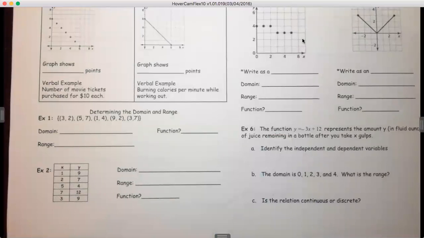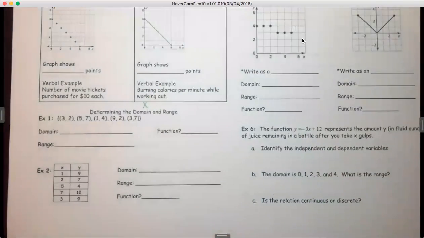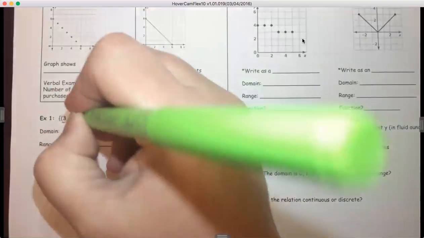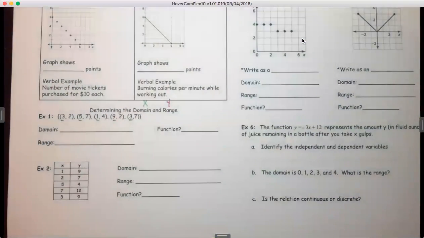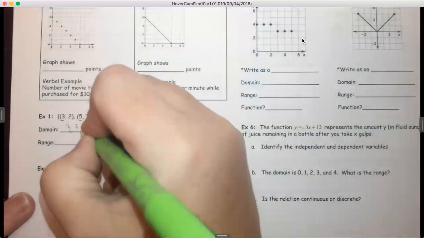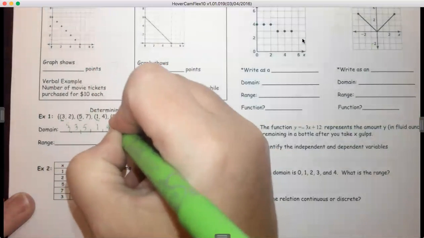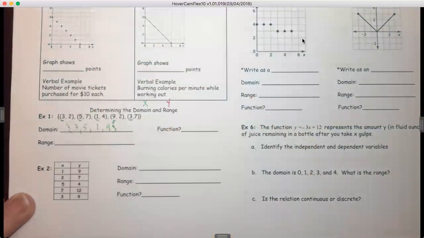Okay, so determining domain and range. First things first. If domain is x and range is y, then I want to look at all the x values. I would like you to put them in order, but you don't have to. So we do this little bracket: 3, 5, 1, 9. I see a 3 and I don't have to write the 3 again.